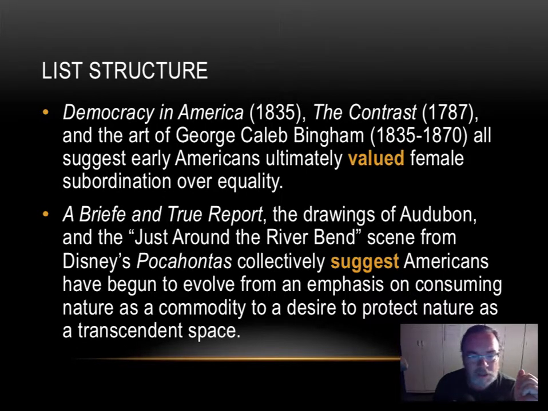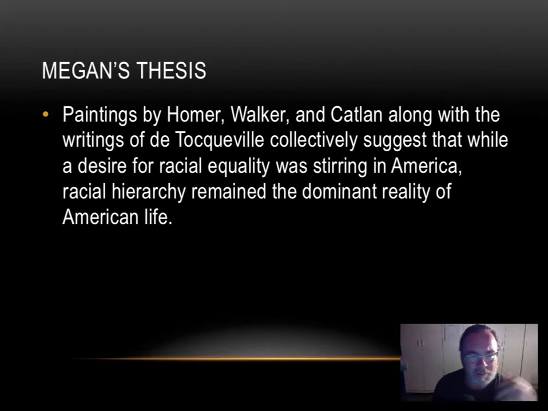Okay, so let's take a look at, as a way to wrap up our conversation, Megan's thesis from the sample essay. And as you can see here, this is the classic list thesis. She lists all 4 of the different artifacts she's going to look at and argues that they ultimately say that racial hierarchy overcomes the stirrings of racial equality in America in the 19th century.